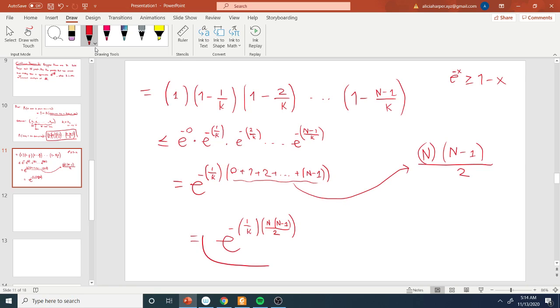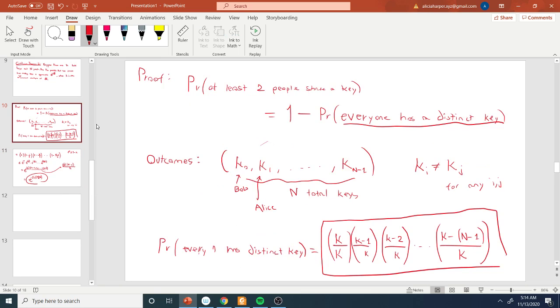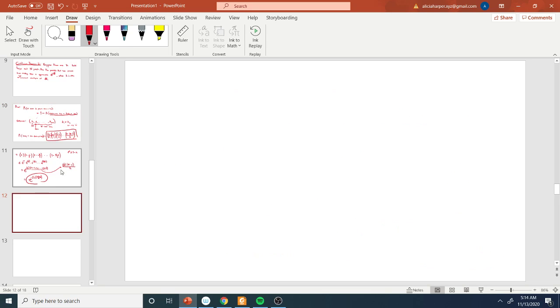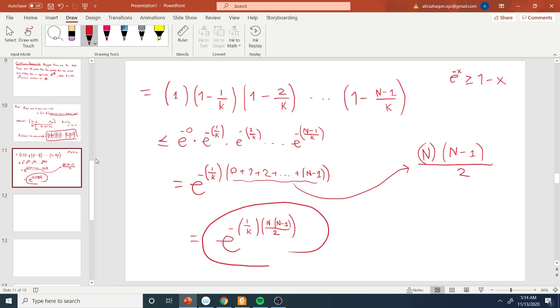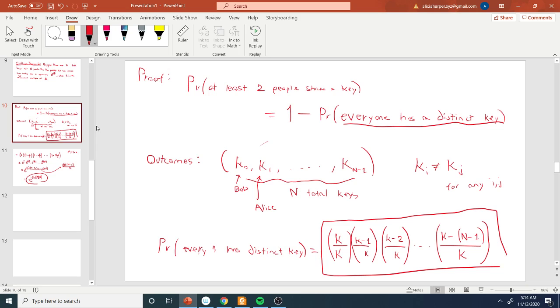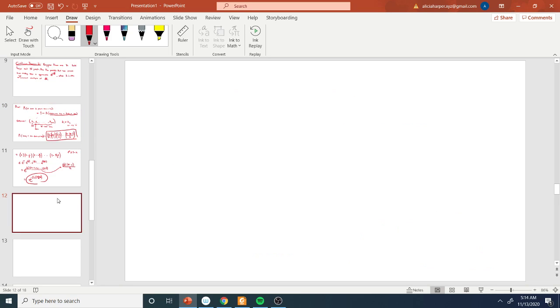And this right here forms our core estimate. Because first off, note that what we've been computing right now is the probability that everyone has a distinct key. And we've bounded it from above. But by bounding it above, we actually bounded the thing we want, the probability that at least 2 people share a key, from below.